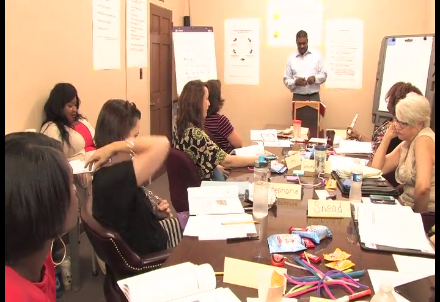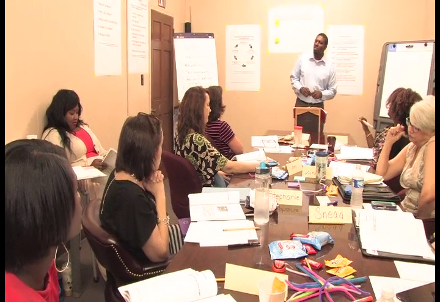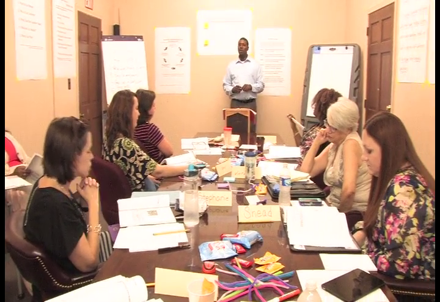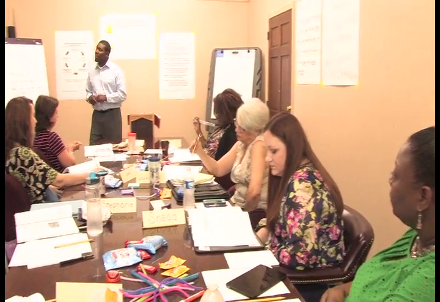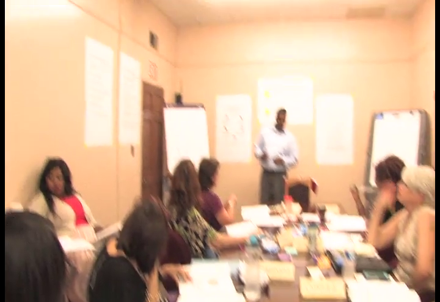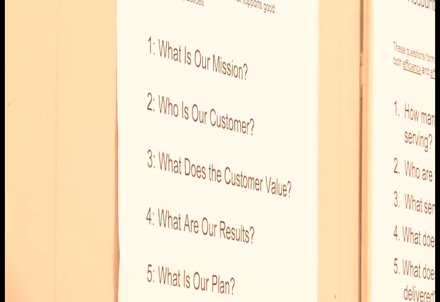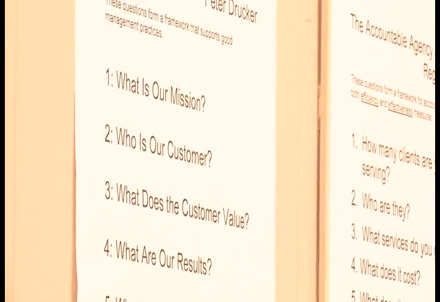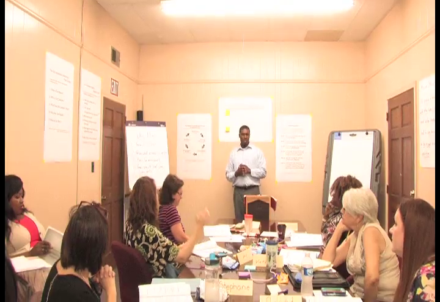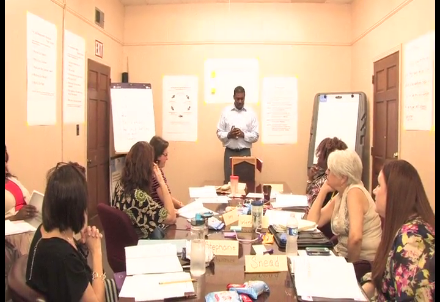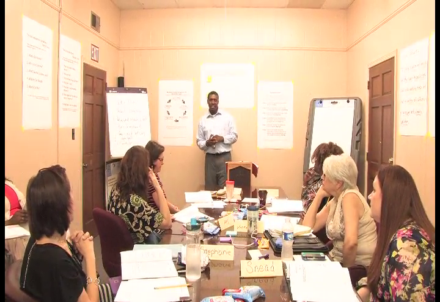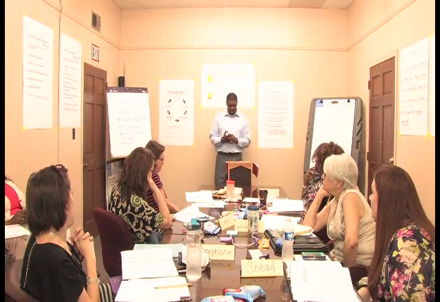The focus of planning activities should be on achieving results. We are result oriented, so we want to achieve results. Let's look back at Drucker question 4. It says, what are our results? What have been our results? Drucker provides a context for defining results, documenting results, and identifying the extent to which the agency achieved these results.